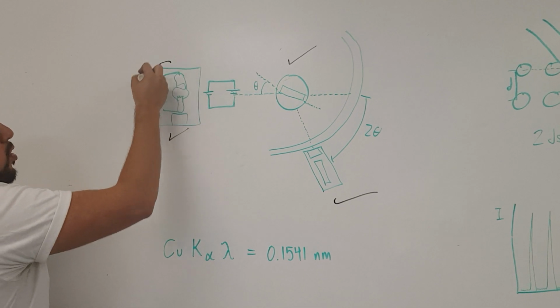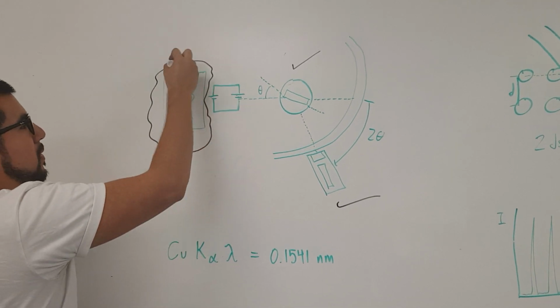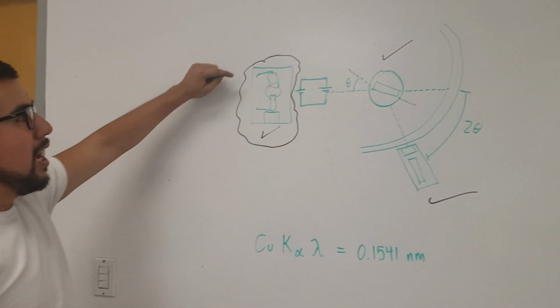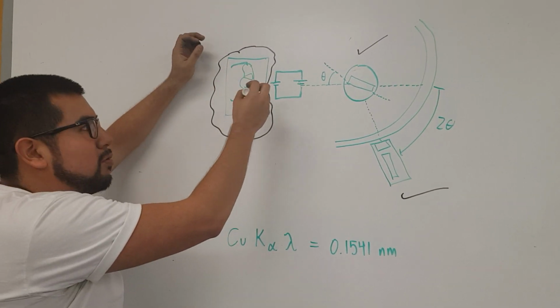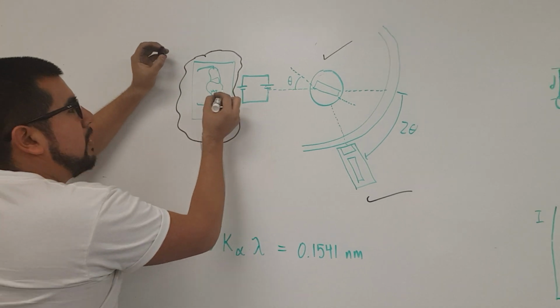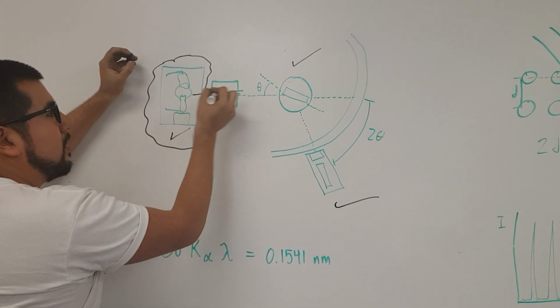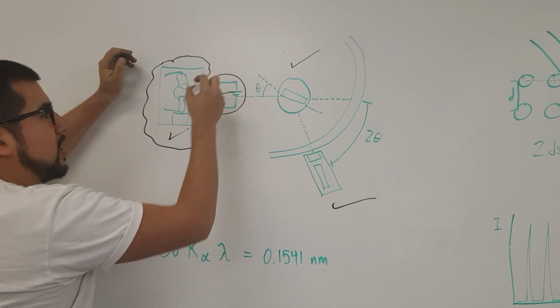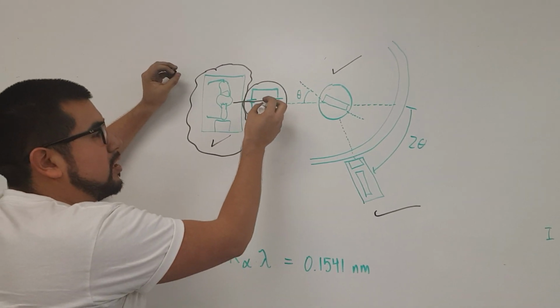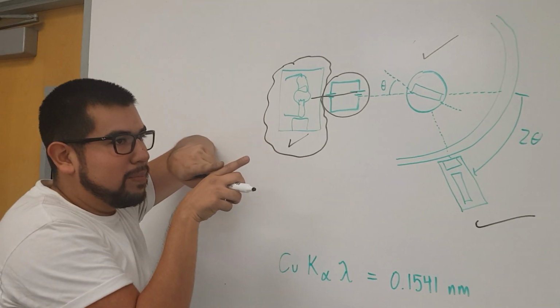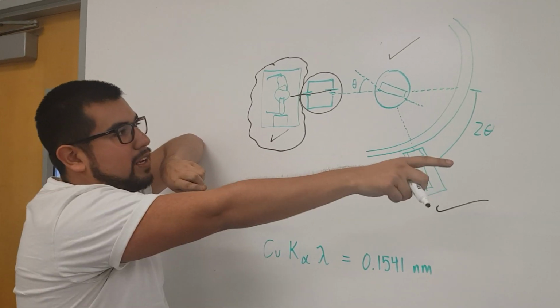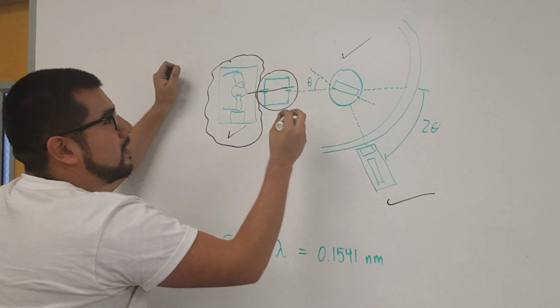The X-ray producer works just as our classmate said. Inside we have a filament, a plate, and the whole process will make X-rays. So these X-rays will cover this path. They will come through here, which acts as slits, to channel the beam and make it stay in a single path.